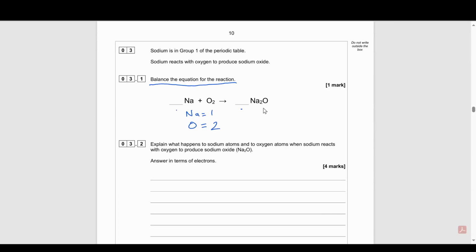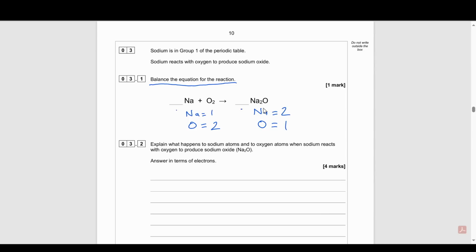For sodium on our product side, there's a 2 after our sodium, so that means we have 2 atoms of sodium. But for oxygen, there is no number after it, so we only have one atom of oxygen. So the numbers for both sodium and oxygen are uneven right now, so it's not following the conservation of mass, and that's what balancing an equation is all about.